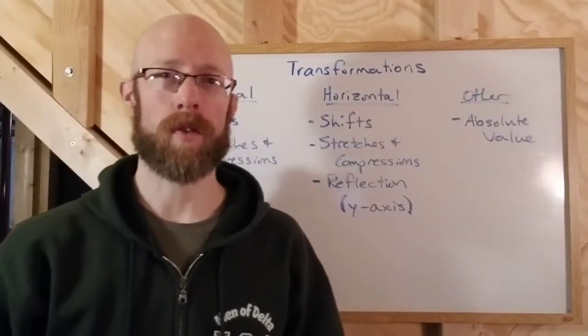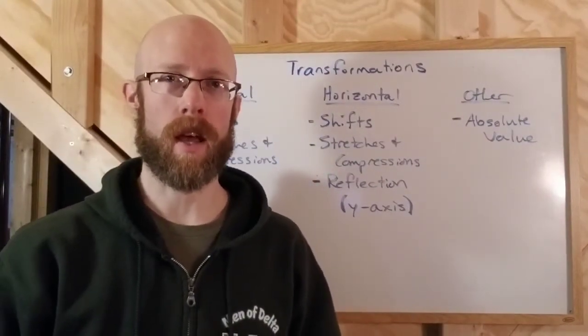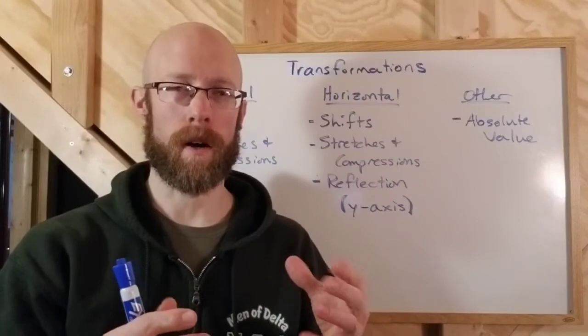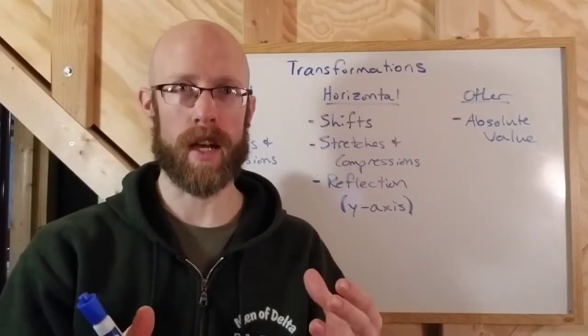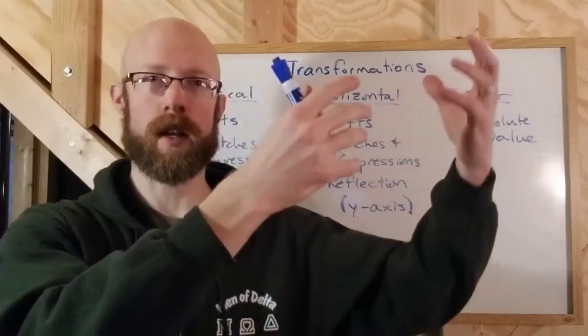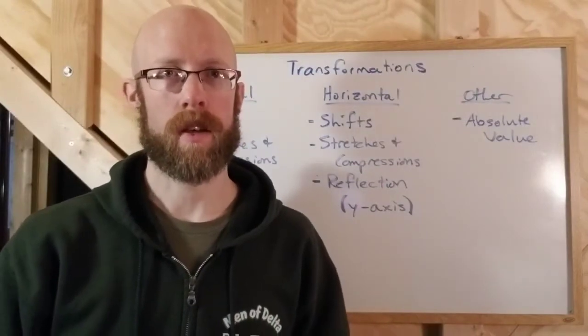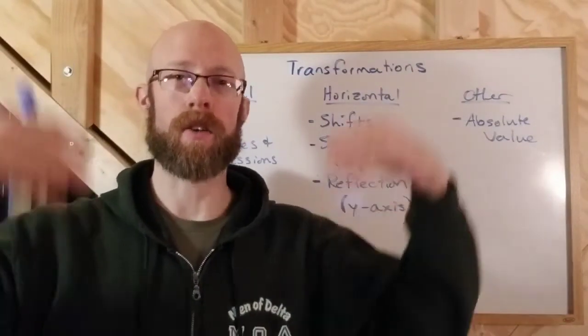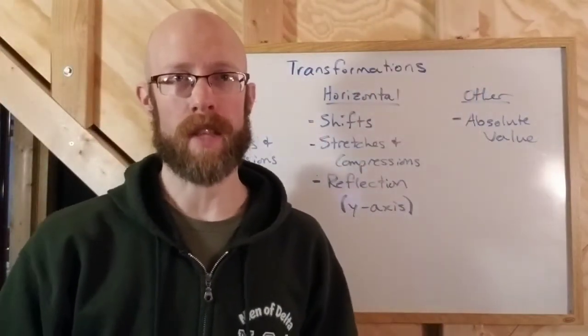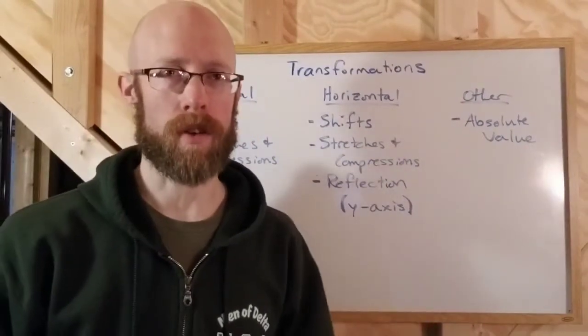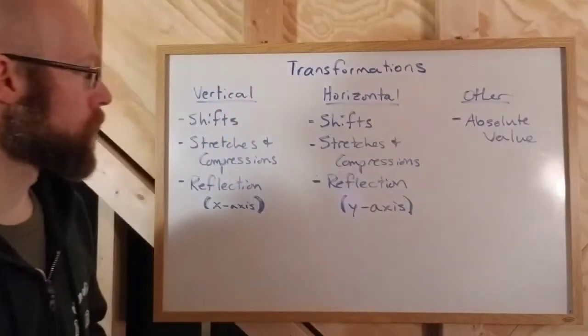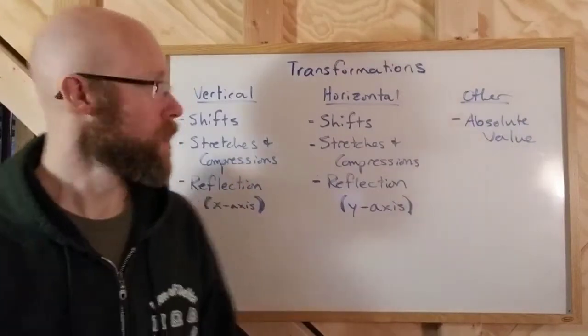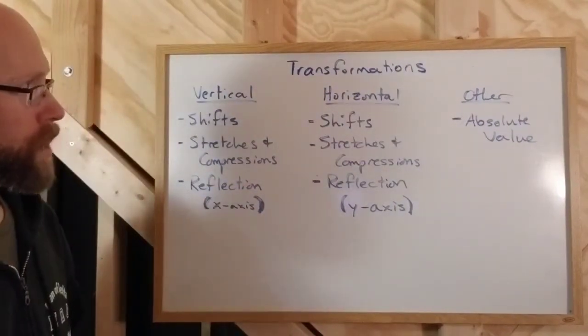Taking the absolute value of a function basically takes any part of the function that's in the negative side, like under the x-axis, and reflects it up above the x-axis. And so you end up having the entire function contained above the x-axis when you do an absolute value. Okay, so those are sort of the main transformations that we're going to do.